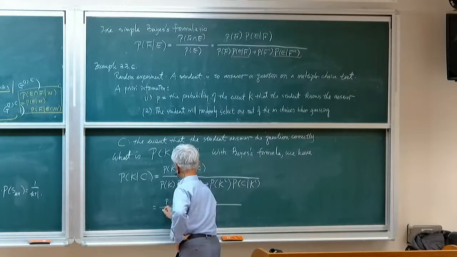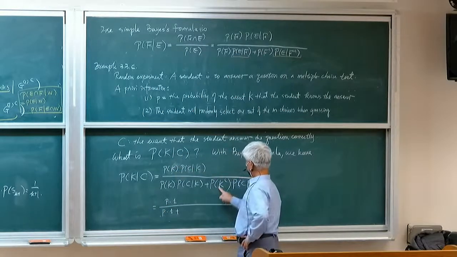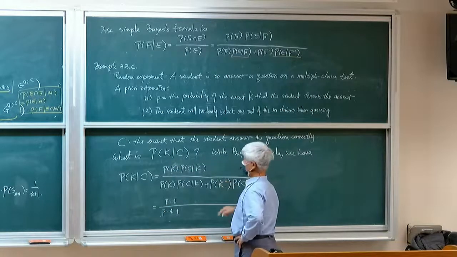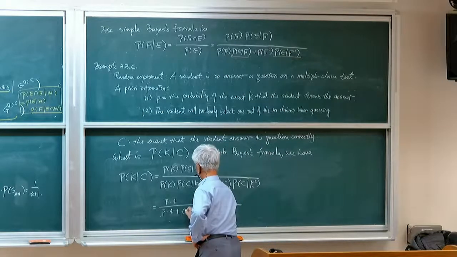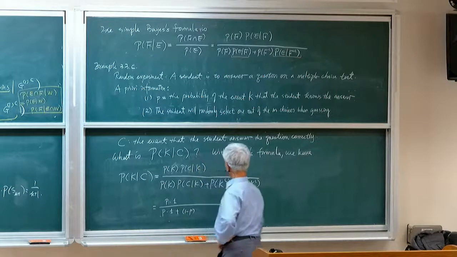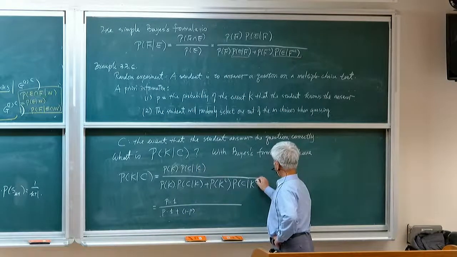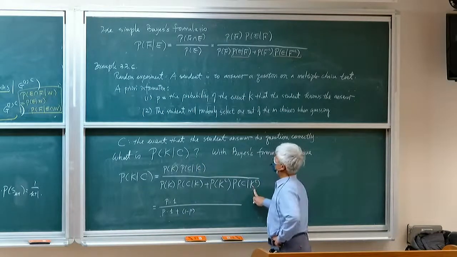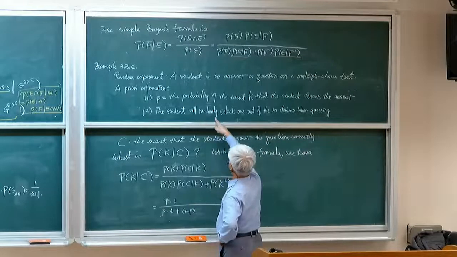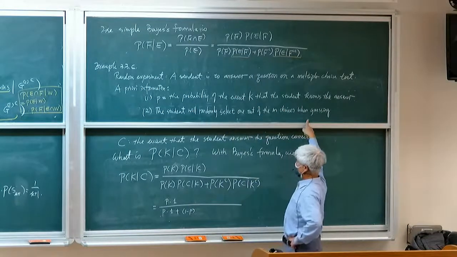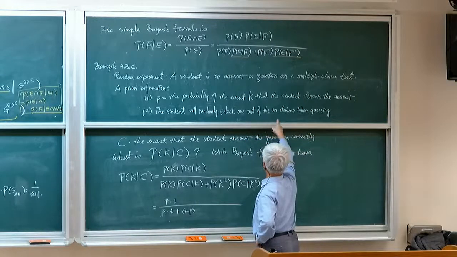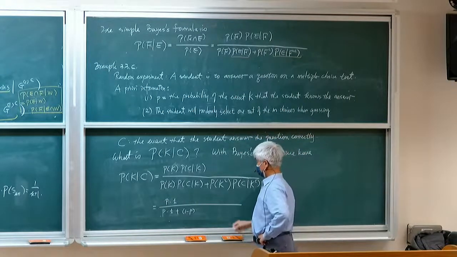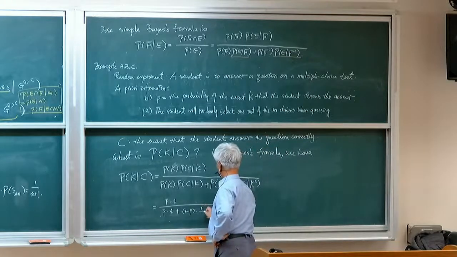And for here we have p times 1. Now, K complement means that the student does not know the answer, so the probability is 1 minus little p. And if the student does not know the answer, the student will guess, and will randomly select one out of the m choices. So the correct probability would be 1 over m.